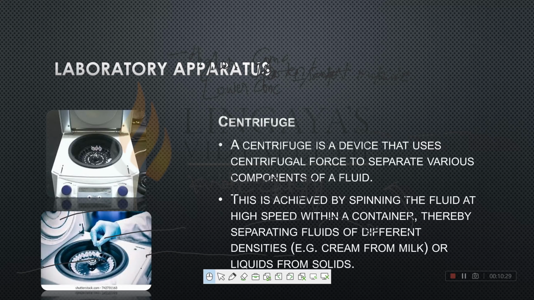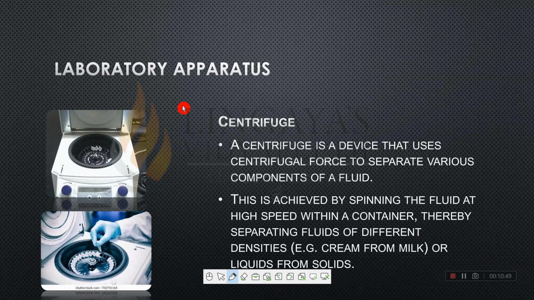Next one is the centrifuge. Here you can see the centrifuge. Alright, so a centrifuge is a device that works on the centrifugal force. It is generally used to separate the different components present in the liquid.